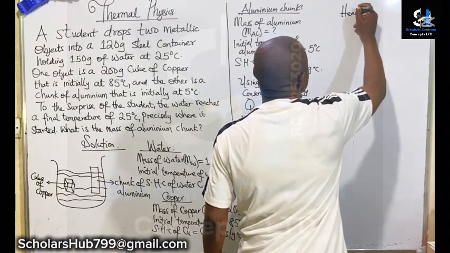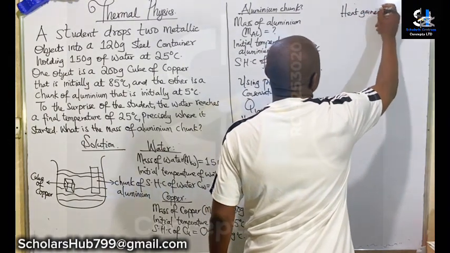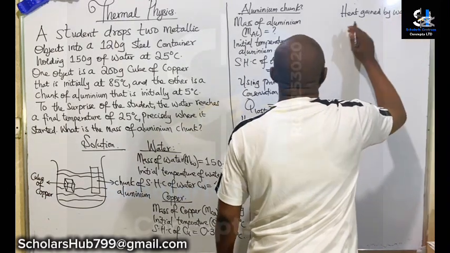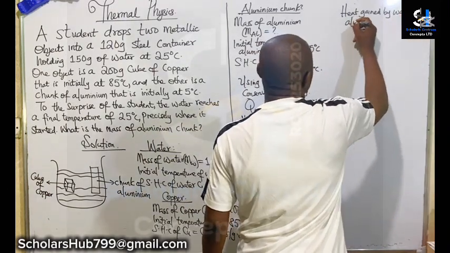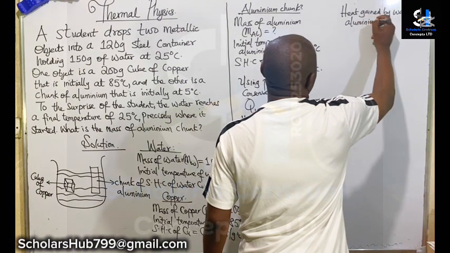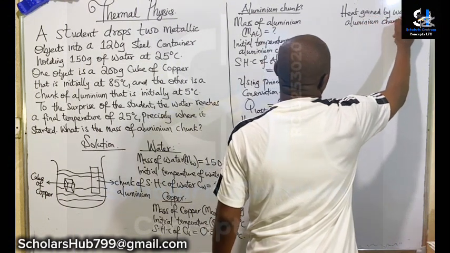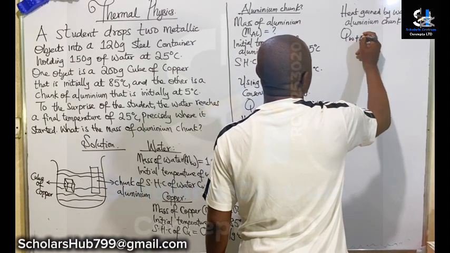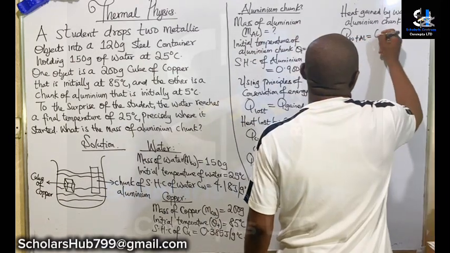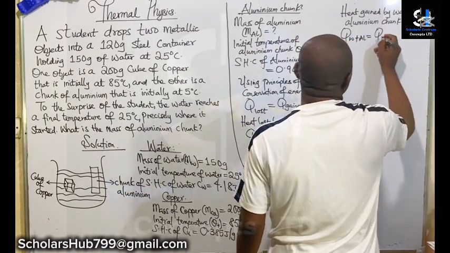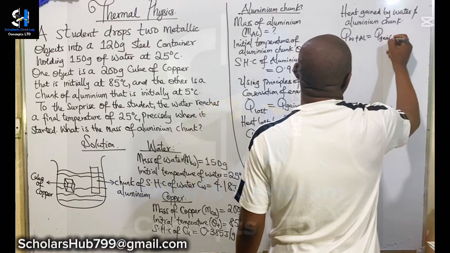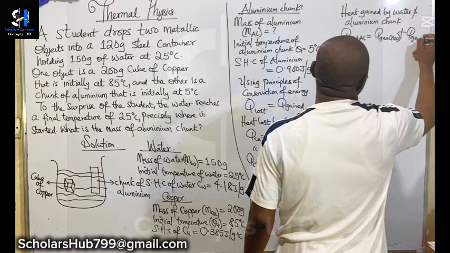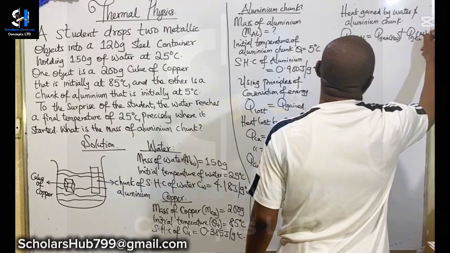Now let's look at the heat gained by water and the aluminium chunk. So we have heat gained by water plus heat gained by aluminium.